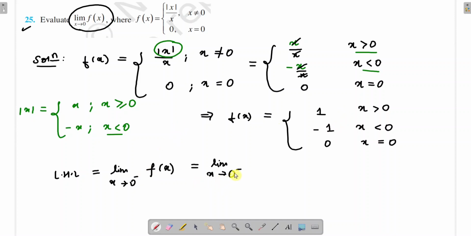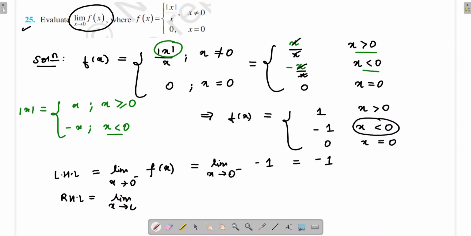X is tending to 0 minus, that means x is less than 0. So this definition, f(x) is equal to minus 1. So this will be equal to, now this is limit of a constant, so that is the same constant. Okay, so left hand limit is minus 1.